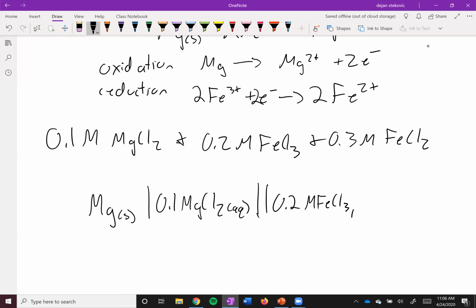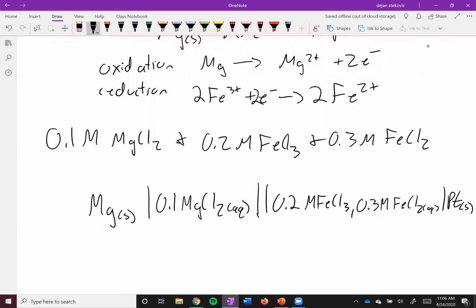So to separate the 2, we just use a comma because they're mixed in solutions. No straight line, they're still in the same phase. And then a straight line for our solid platinum electrode.